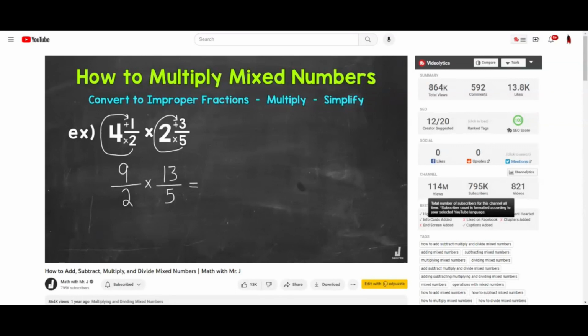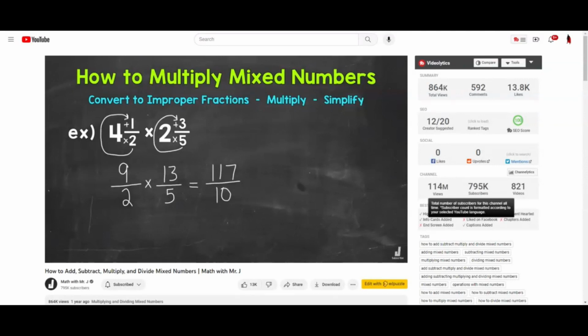So numerator times numerator and denominator times denominator. Let's start with the numerators. So 9 times 13, that gives us 117. And then 2 times 5 gives us 10. So that's our answer as an improper fraction, 117 tenths.